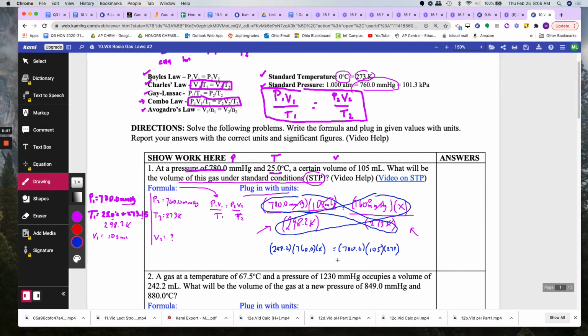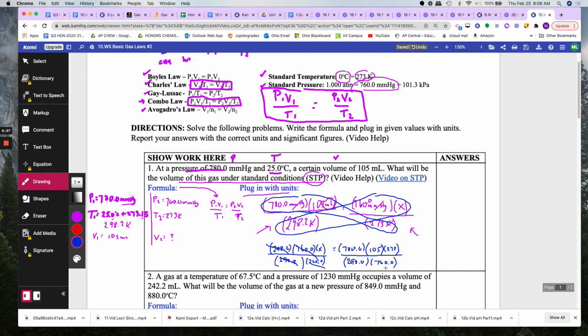Okay? So then to plug this in the calculator, I'm going to divide both sides by these two things, 298.2 and 760.0. The reason I do that is so it cancels and isolates the x. So divide this by 298.2, divided by, I can't read my handwriting, 760.